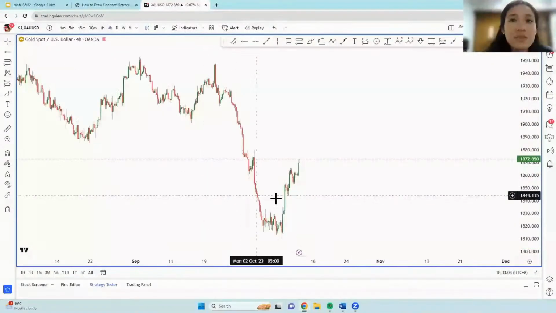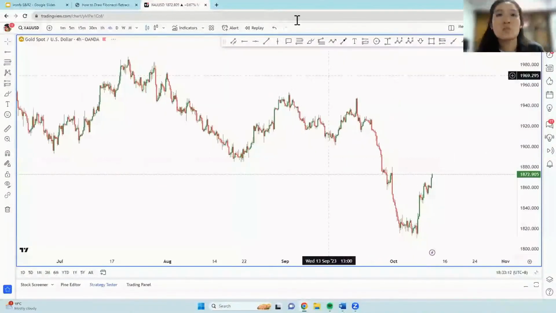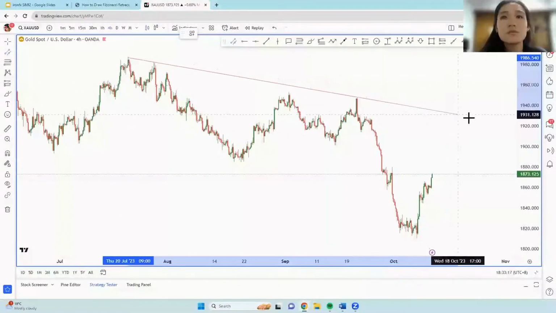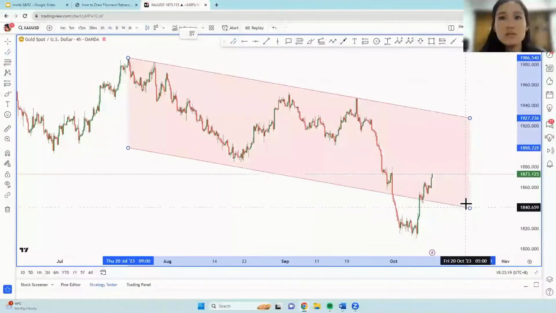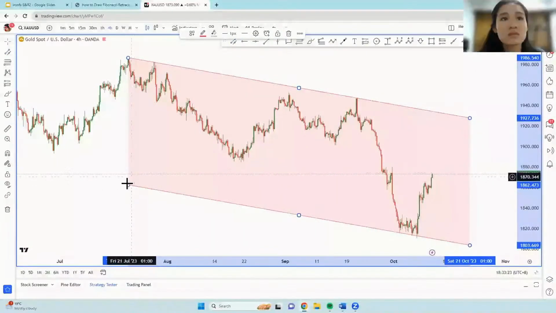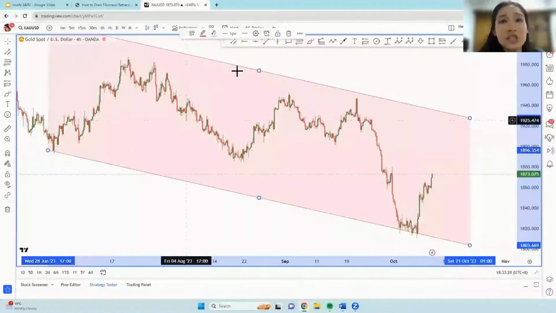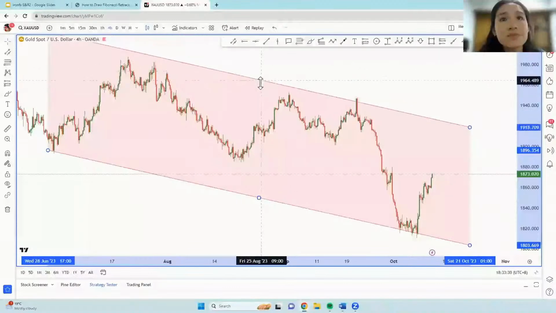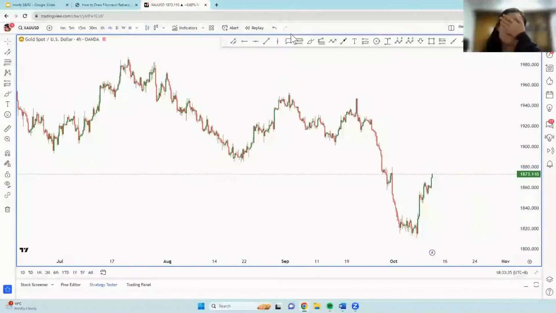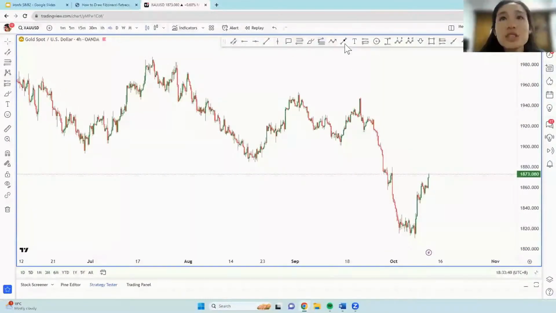Okay, so here's the 4 hour time frame. Let's see if we have a trend channel. Okay, no, we don't. Do we have a trend line?